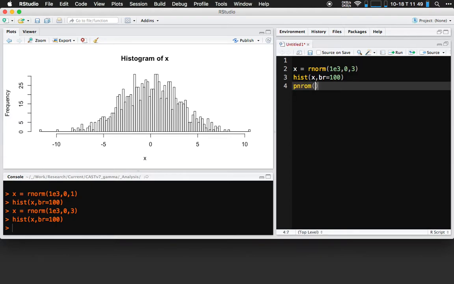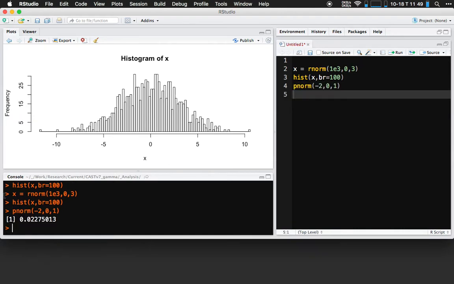pnorm. Actually, what is it? If I say -2, 0, 1, that will give me a small number. So this is saying what proportion of the data fall from -infinity to -2 in a normal distribution with a mean of 0 and a standard deviation of 1.